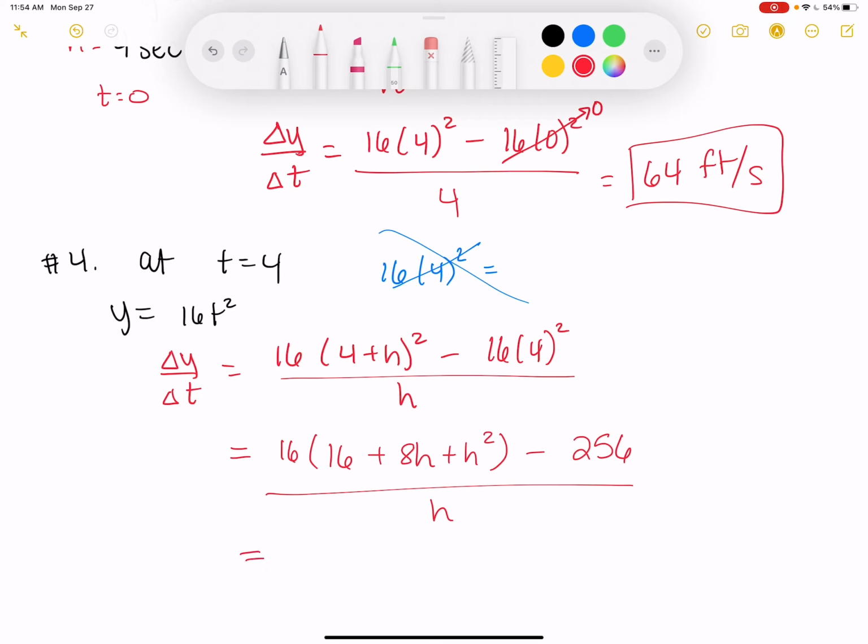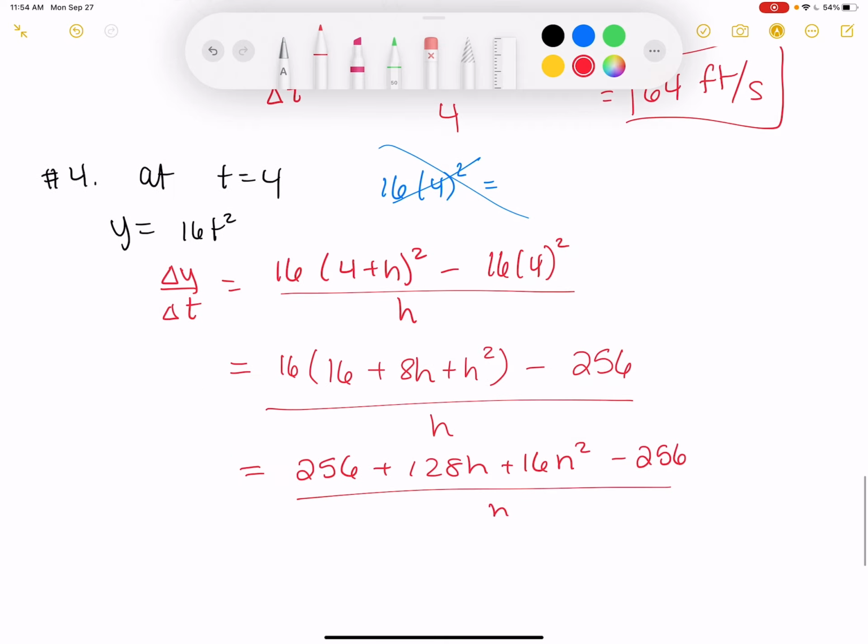So then on top, it's 256 plus 128h plus 16h squared minus 256 all over h. My 256's, one is positive, one is negative, so they're gone. Now what do you see that I can do? I can pull out an h, so that's going to leave me with 128 plus 16h.